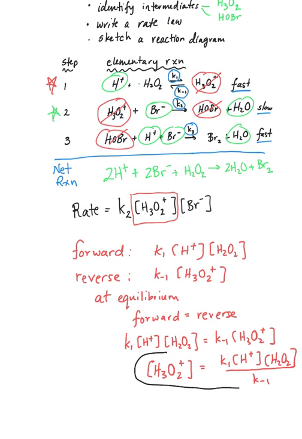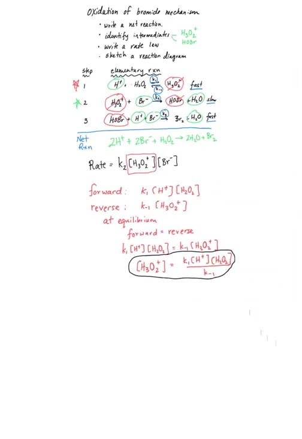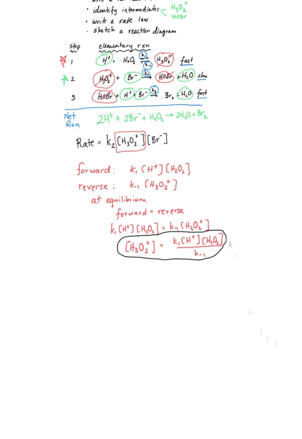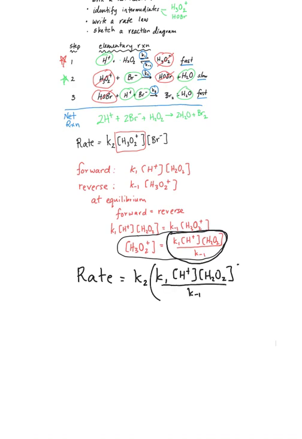And this expression allows us to substitute in anywhere we see H3O2 plus, like in the rate law we drew above. So let's substitute that expression in. In our rate law, we had K2 originally, multiplied by H3O2 plus concentration, which we're now going to use this to represent: K1 times the concentration of H plus times the concentration of H2O2, all divided by K minus 1, multiplied by concentration of bromide.